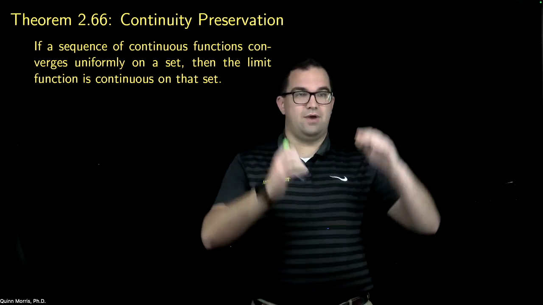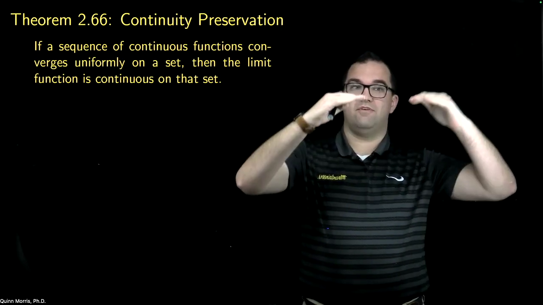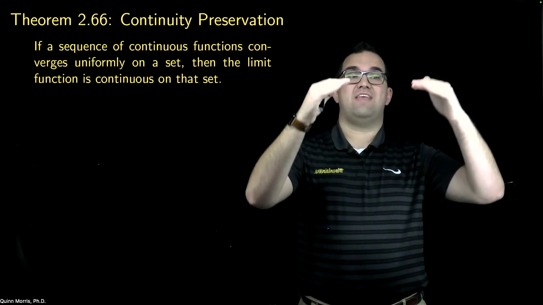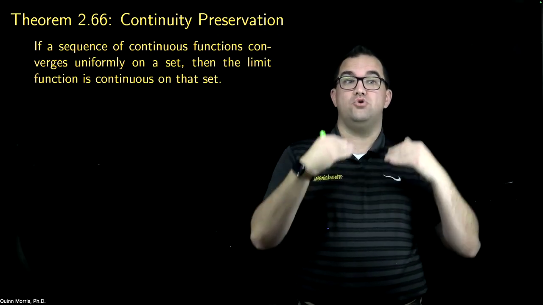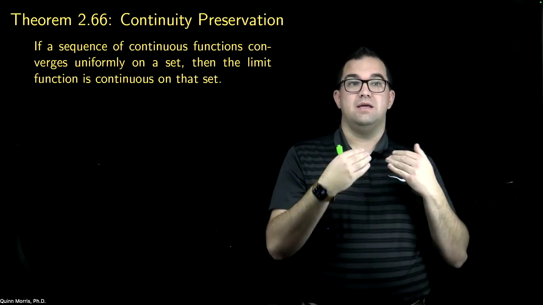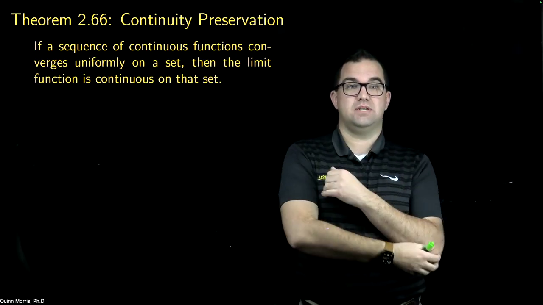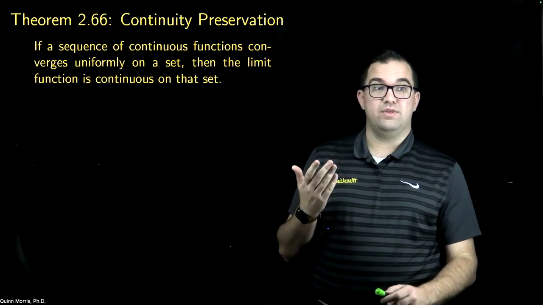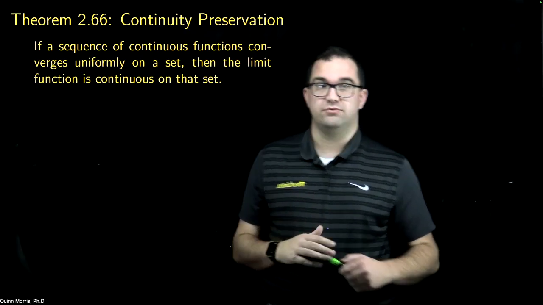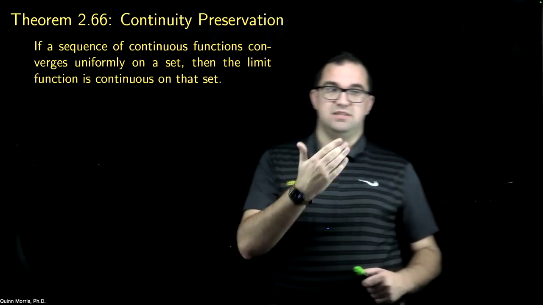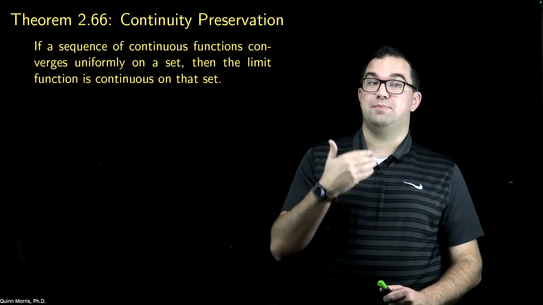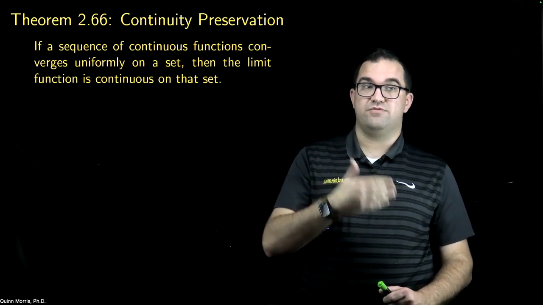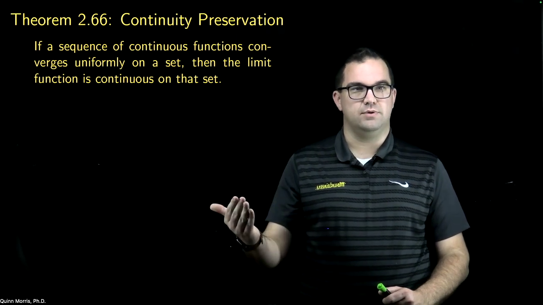So the idea is if you have a sequence of functions and all of the functions in that sequence are continuous, and if that sequence of functions is converging uniformly to something, then the limit function is continuous on that set. So as we've seen, this can fail when the convergence is only pointwise, right? So again, that sequence x to the n converges pointwise, but not uniformly. And it's a sequence of continuous functions, but the limit is not continuous.